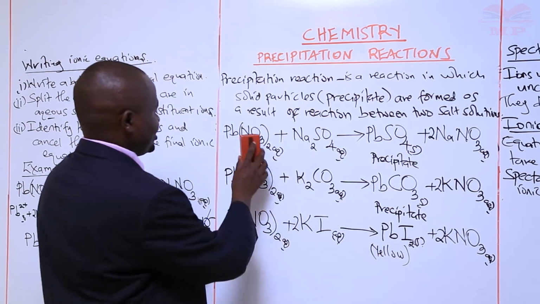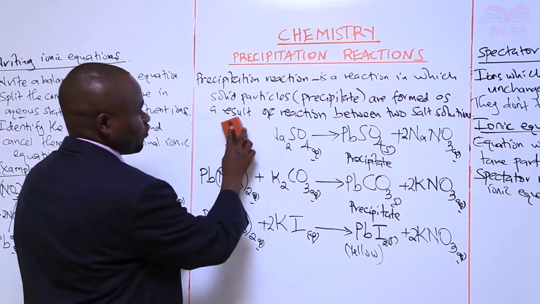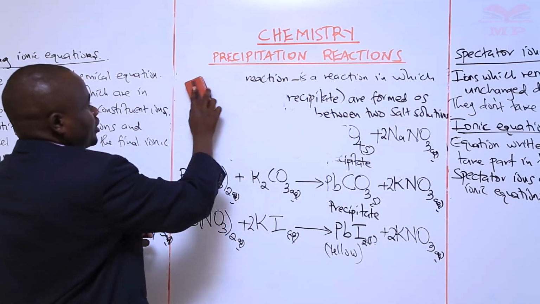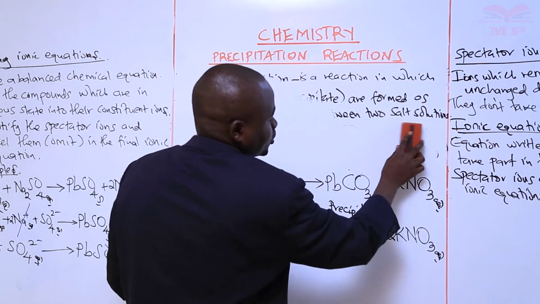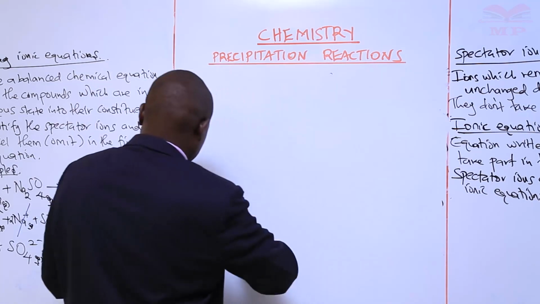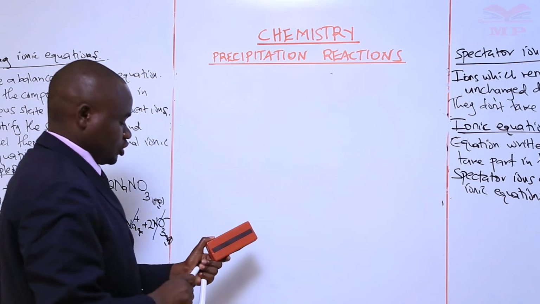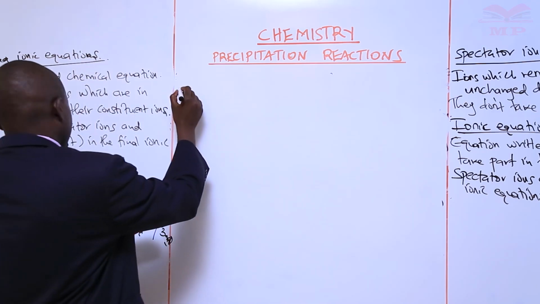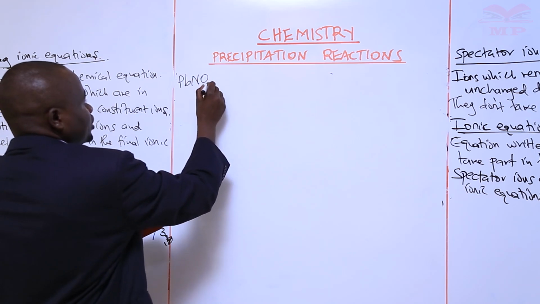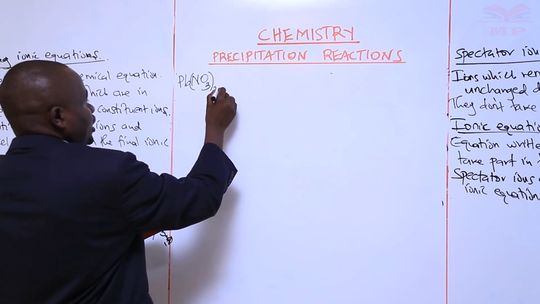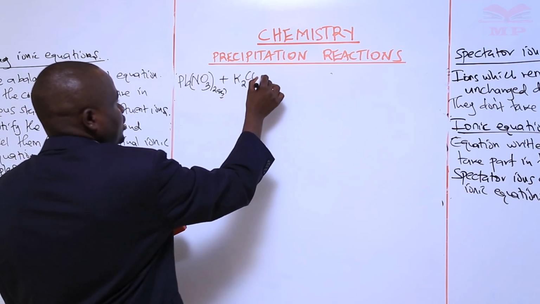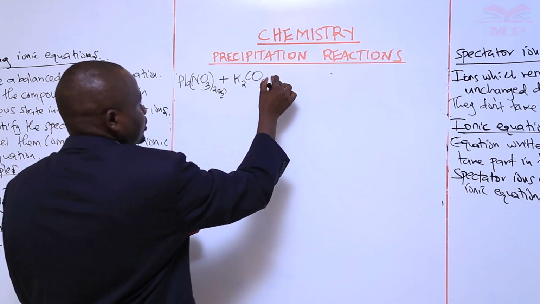Let us look at another example of ionic equation. We shall still use the precipitation equation we wrote earlier. Okay, so our equation was lead nitrate aqueous reacting with the potassium carbonate aqueous.